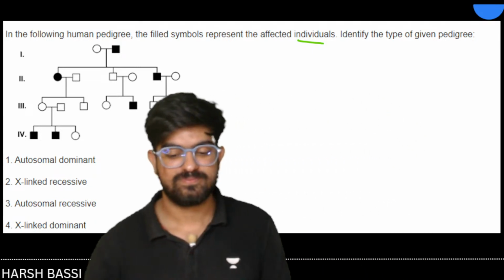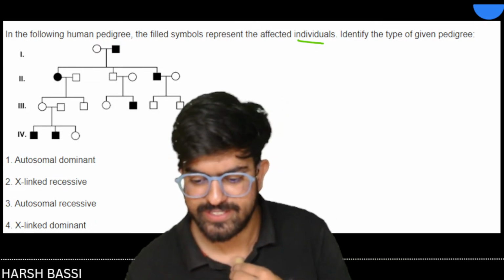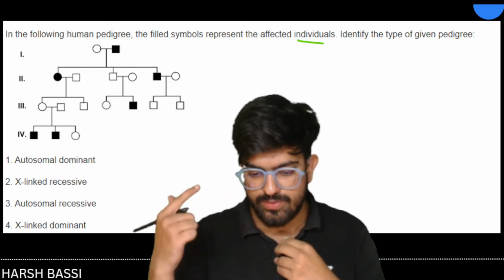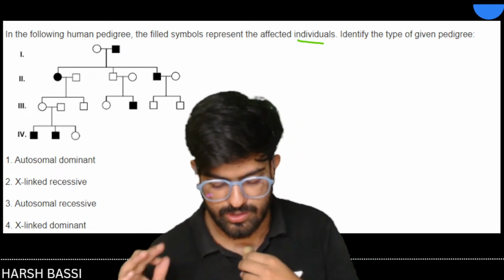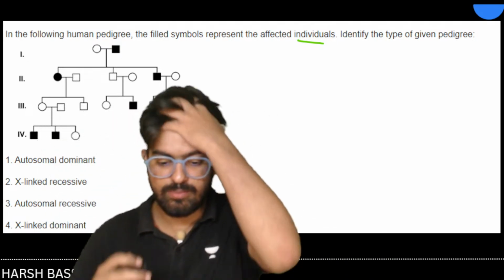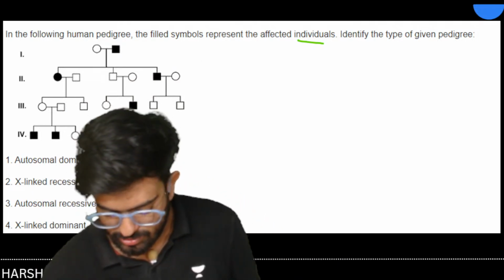Okay. In the following human pedigree, the filled symbols represent the affected individuals. Identify the type of pedigree. Okay. We have this, and this. Okay. Then I got my answer. Guys, I got my answer. What about you all?